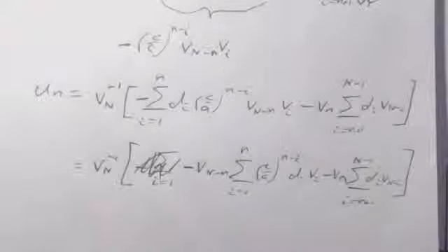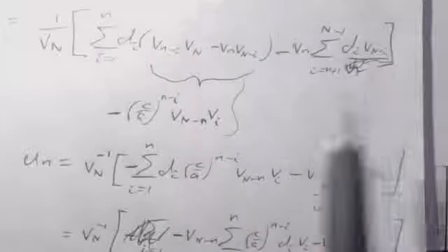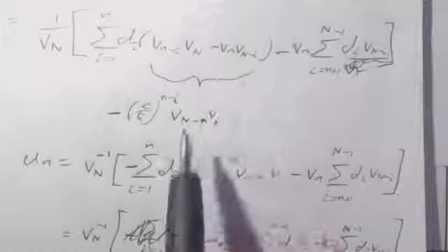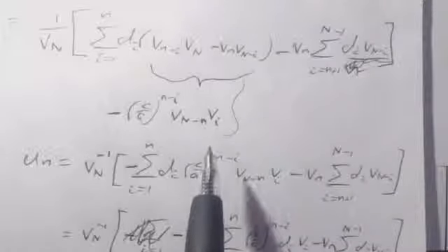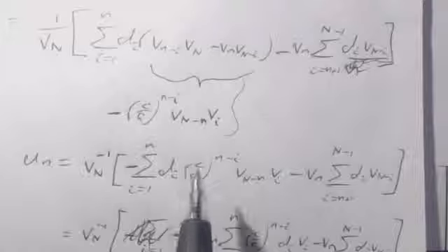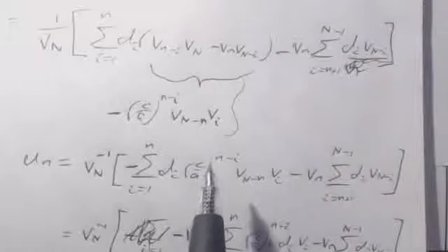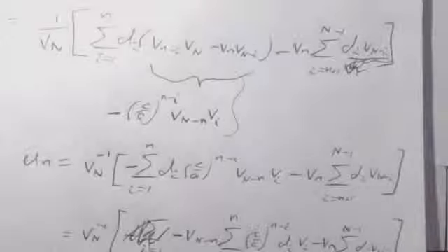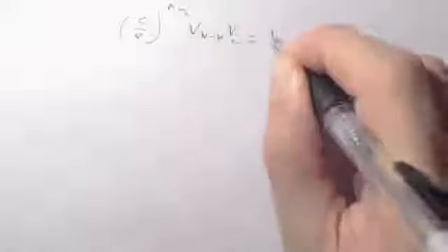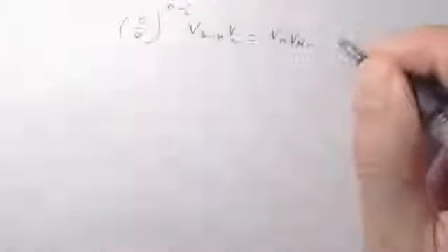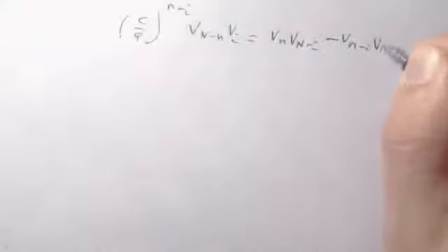So the white elephant in the room here was, how did I do this bit? How did I combine these? It's not too hard to prove this identity, but it is a little bit fiddly. So I'll do it quite quickly, and I won't go through all of the horrible details of it. What we want to do is prove this identity: (c divided by a) to the n minus i, vn minus n vi equals vn v big N minus i minus vn minus i vn.